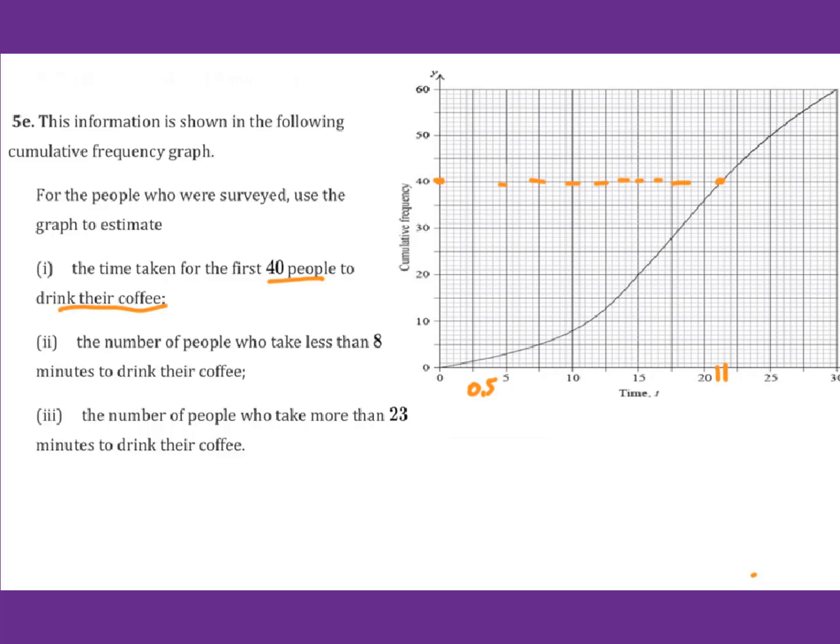Therefore, this is a 21 here. This is a 22. So it will be between 21 and 21.5. So you can estimate 21.25 or 21.35, something like that.